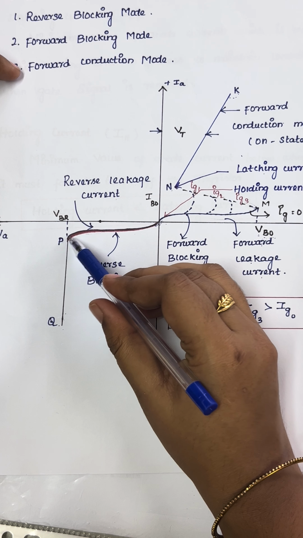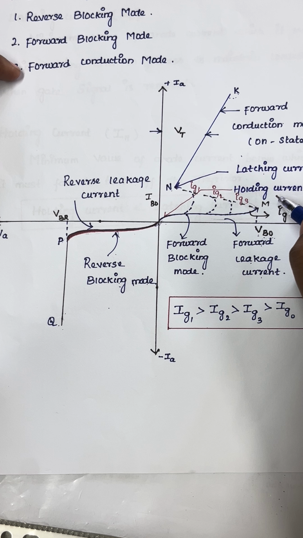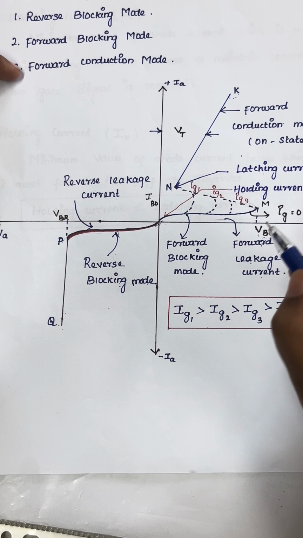Here you have to be aware that we can turn on the SCR in two ways. We can turn on the SCR by applying the gate supply, and also we can turn on the SCR without giving a gate supply. What is the difference between SCR with gate and without gate?